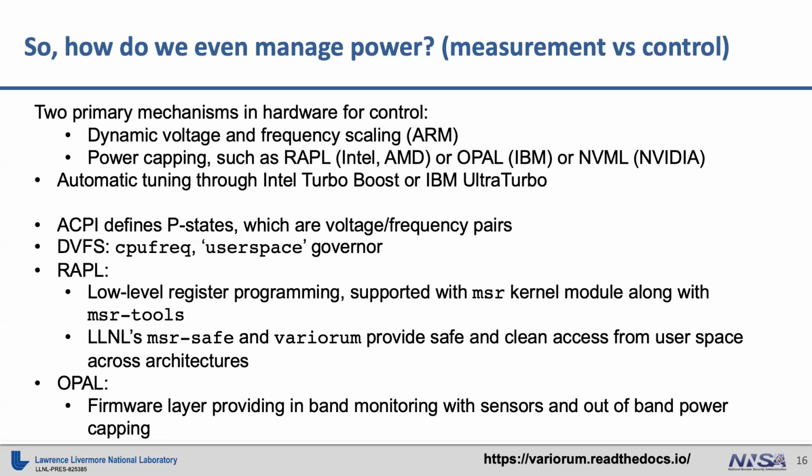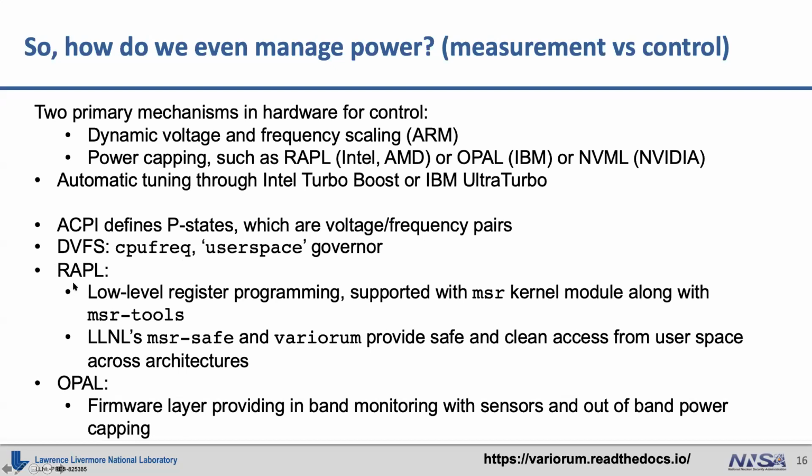There are some details here about ACPI and DVFS and RAPL and OPAL. The key takeaway point here is that each of these techniques is implemented differently. For example, DVFS is basically setting the CPU frequency, and it sets the frequency of the processor a certain way.